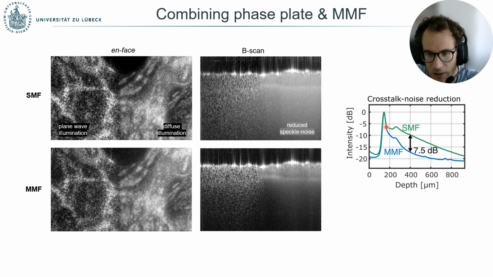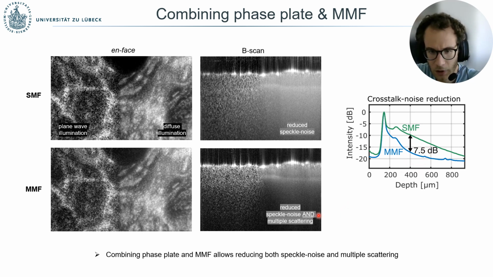So then we have an intensity profile at depth that shows less multiple scattering. And when we look at these B-scans, we can see that we have a speckle noise that is smooth and less intensity because of multiply scattered light that is rejected by the spatial incoherence. So by combining these two, we can benefit from the advantages of the two systems.